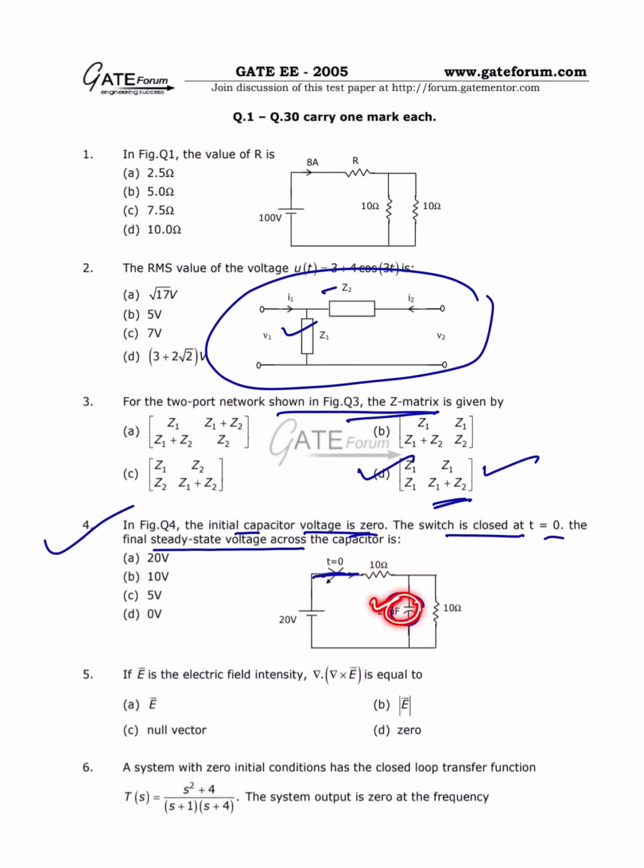But the voltage across this is the voltage drop across this one. So what is the voltage drop across this? Once this was opened, these two are in series. So what is the current flow? 2 amperes. Therefore VC is 2 into 10, 20 volts.